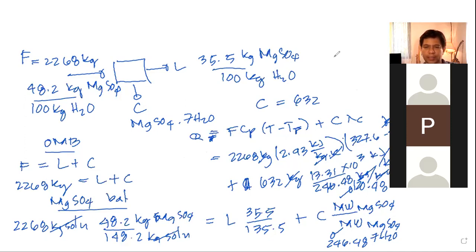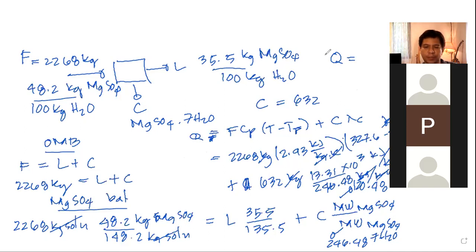We're supposed to get Q is equals to, halimbawa, 3 significant figure. The second term, 632 times 13.31 times 10 to the 3 divided by 246.48.